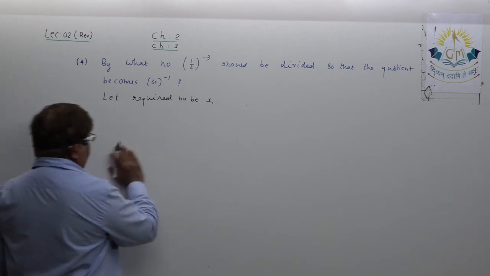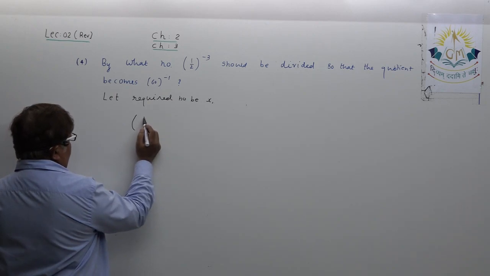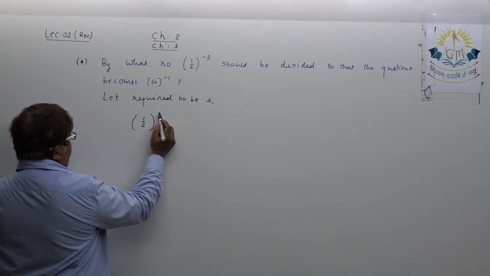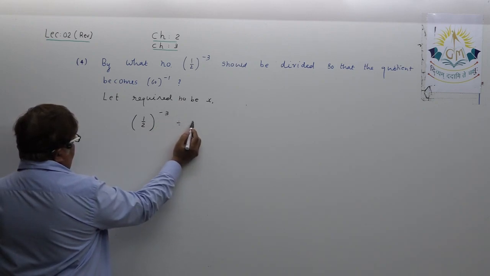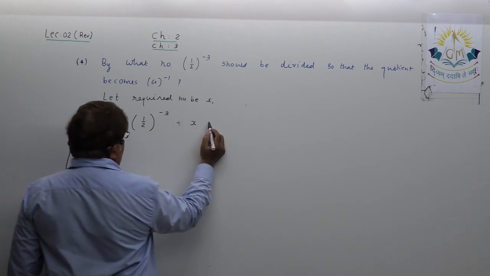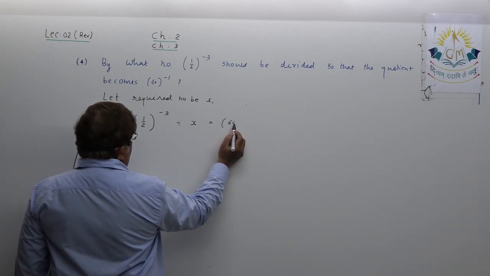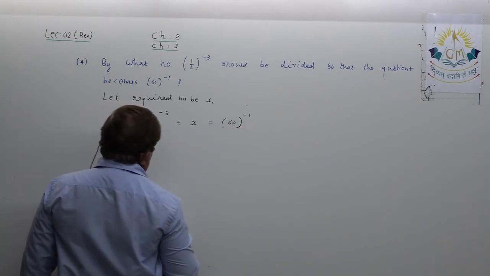So the next step will go like this: 1 upon 2 raised to minus 3 divided by x is equal to 60 raised to minus 1.